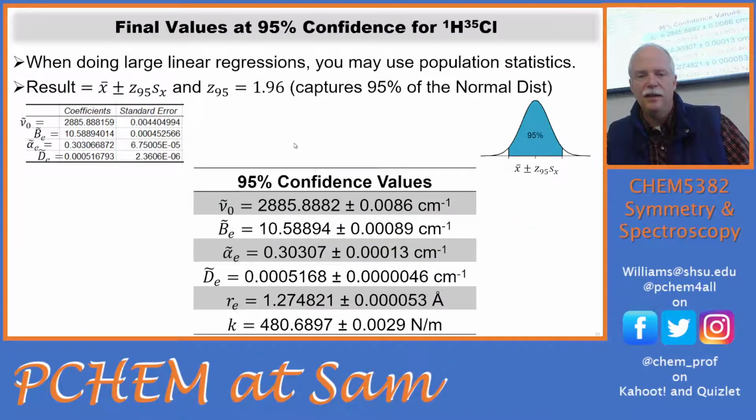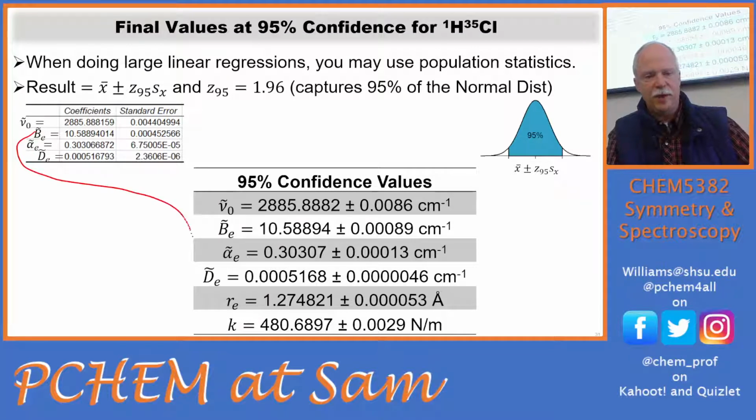We have these standard errors here. From BE, we were able to derive the bond length right here. And from nu zero, we were able to derive the force constant here.